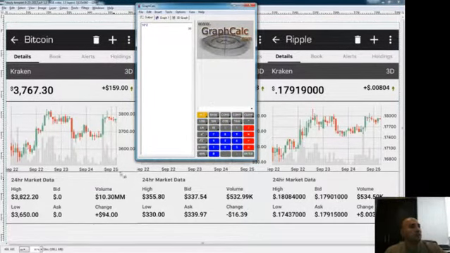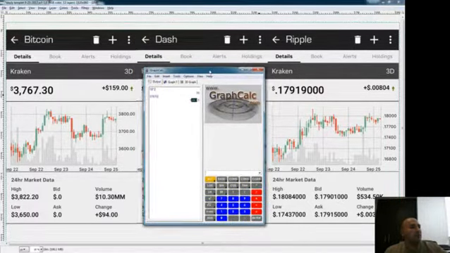Because Bitcoin is 3,767. Now divide that by 2 and you have 1,800 or 18.83 or 0.1883, which is almost this, right? It's almost 17.17. So that's another way of looking at things.